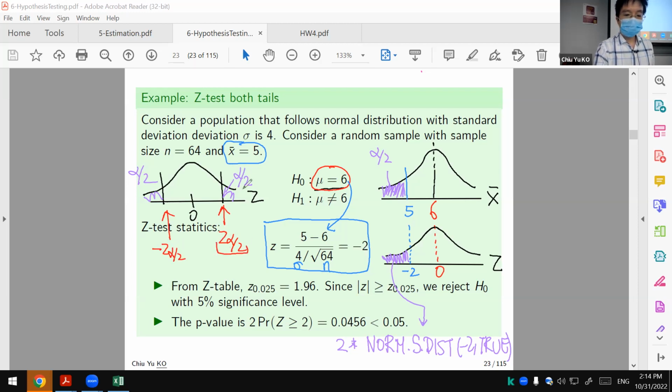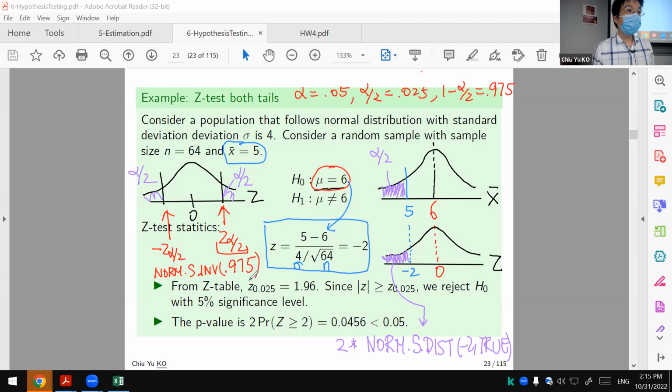Alpha is 5%. So this is norm.s.inv. Alpha over 2 is 0.025, so 1 minus alpha over 2 is 0.975.